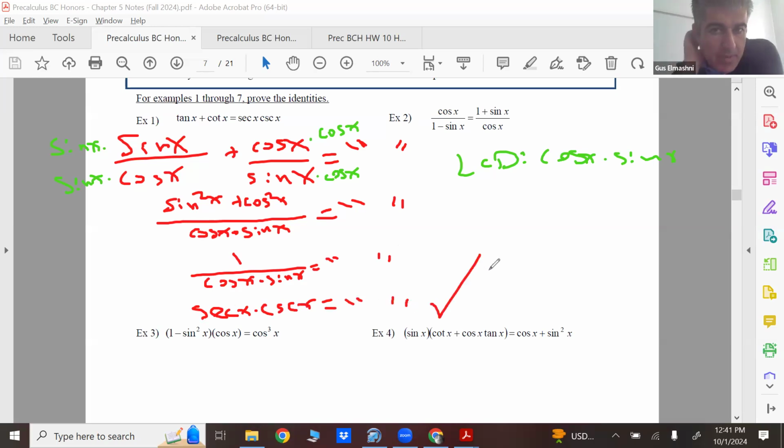Yeah. I'll do a little check mark that it's verified. Okay. So that's okay? Proof works? Okay. I'll do 2 as well with you guys, and then I'll have you guys try 3 and 4 on your own.